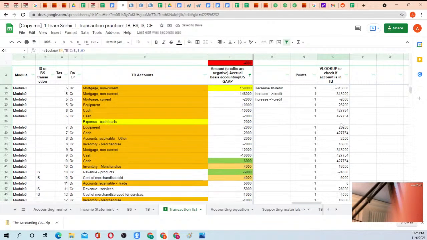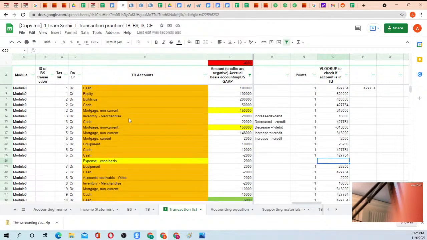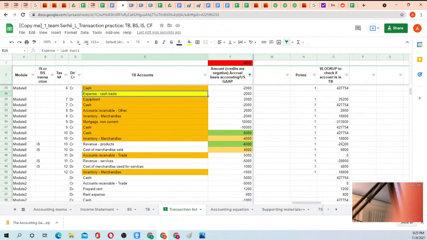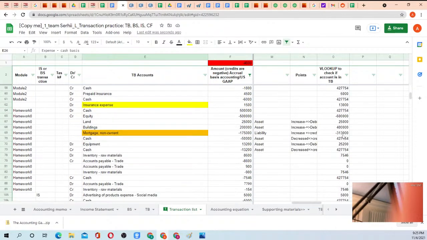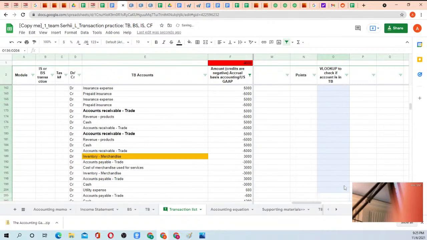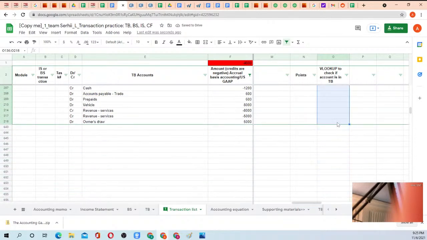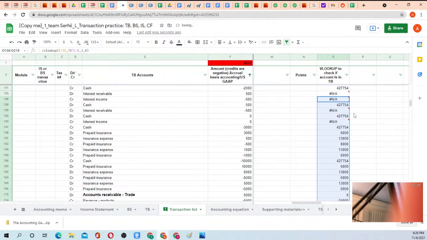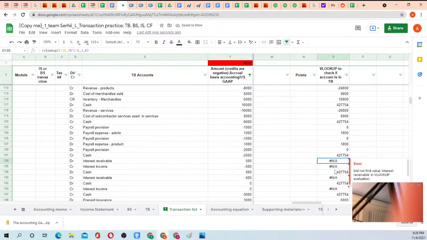If we see a number here, I skip cash basis expense because it's kind of a complicated item. But if I have an item here, it means that account is in the trial balance. And if I got an NA, that means that I need to add that account in the trial balance.